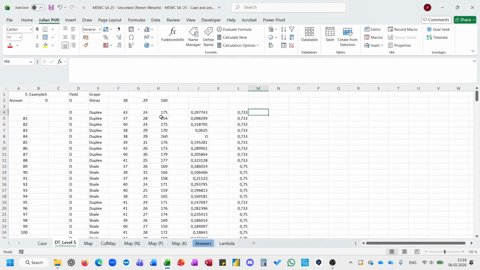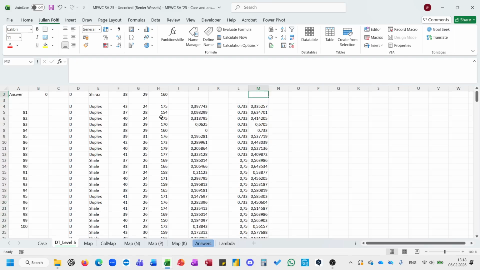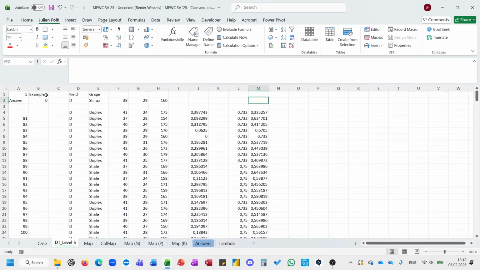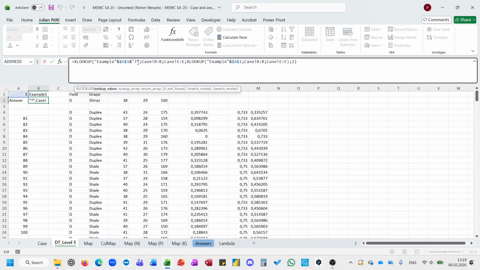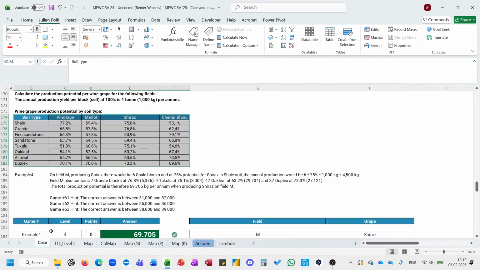Yes. And then this minus this. What is the answer? Why is this not working? Yeah, makes sense.